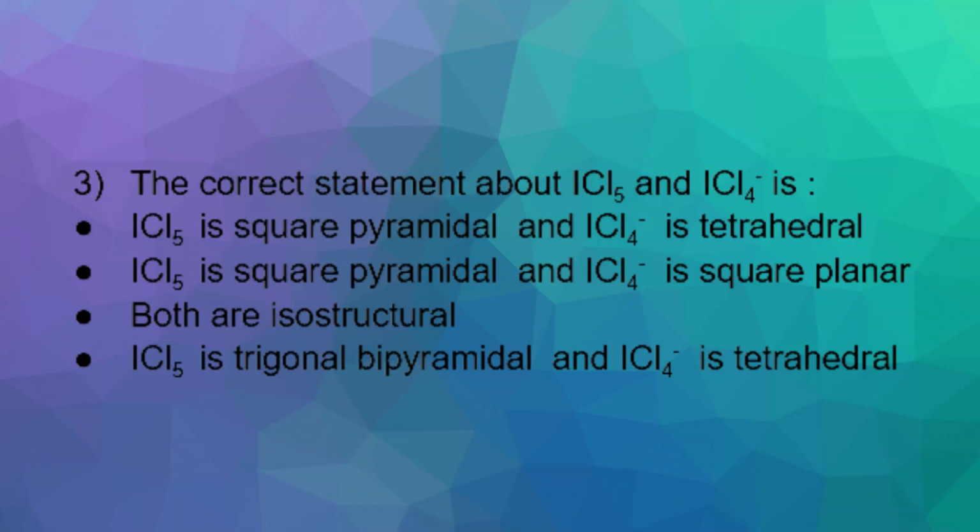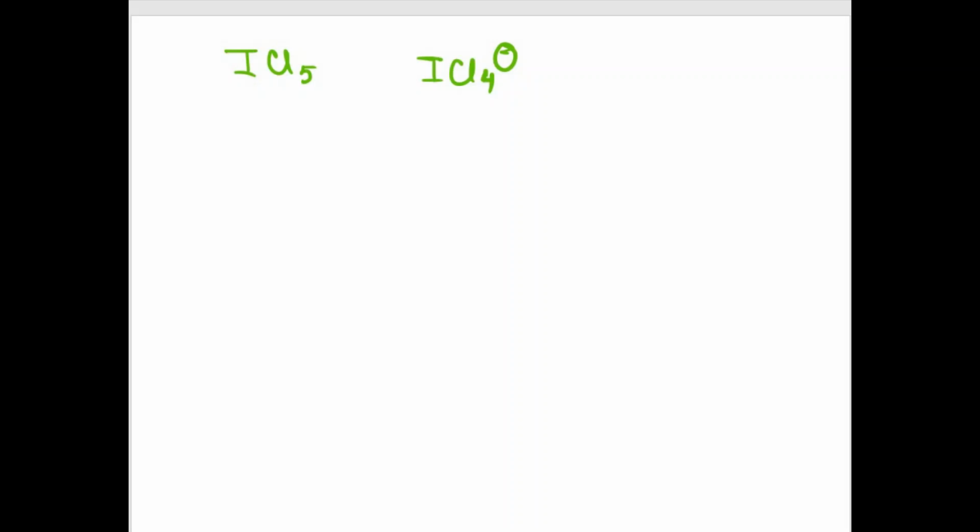The next question states that the correct statement about ICl5 and ICl4 minus is. So let us just write down the compounds ICl5 and ICl4 minus. Using VSEPR theory, what will we do? The central atom contains 7 valence electrons plus 5 substituents, make it 12 electrons.